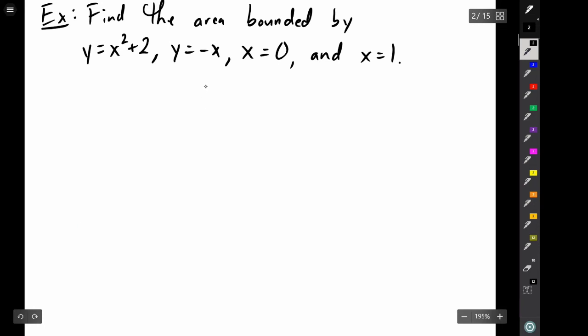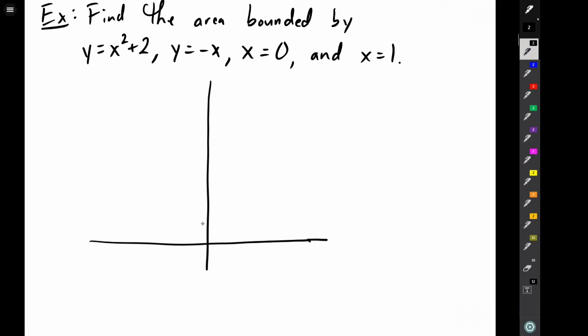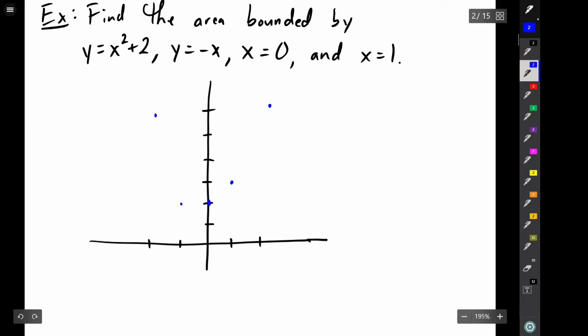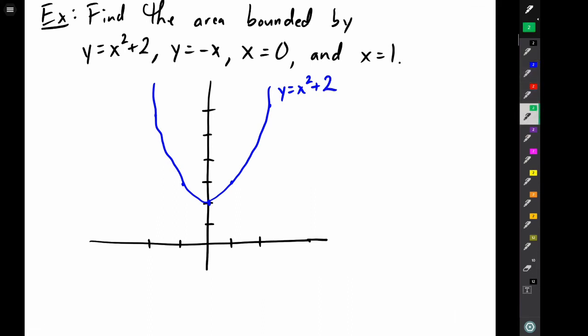So let's see how much area we really need here. y equals x squared plus 2 is this graph here. Let's do y equals negative x.